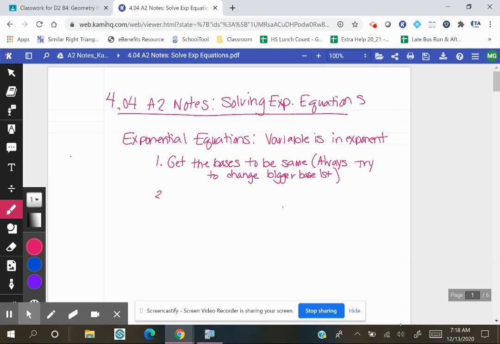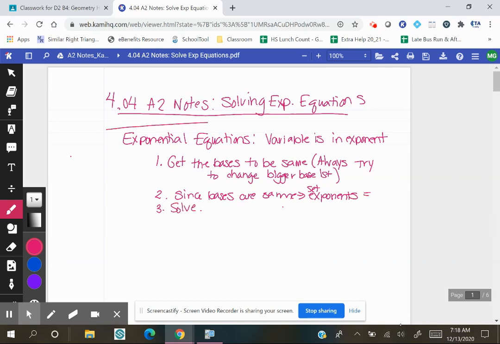All right, step number 2 is once your bases are the same, you're going to set your exponents equal. And then you're going to solve.